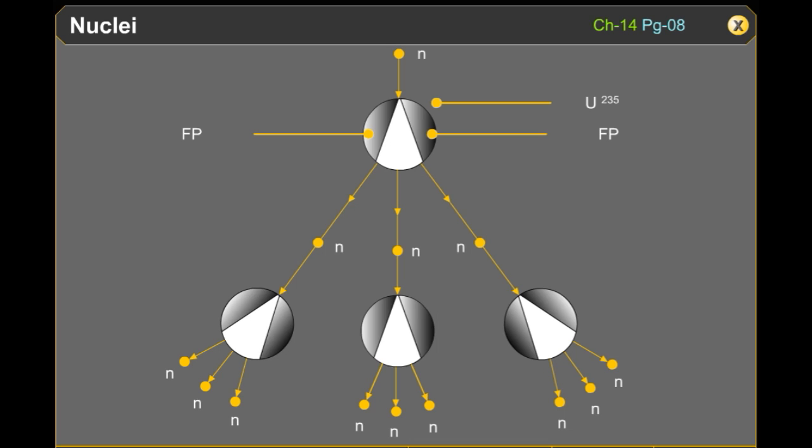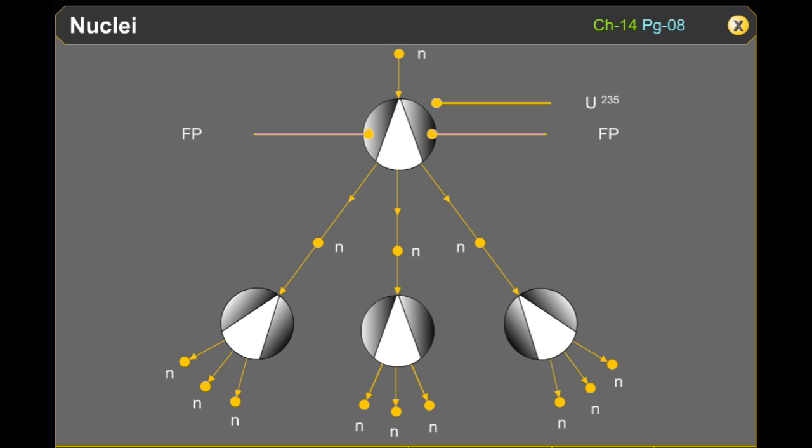Firstly, a neutron collides with a uranium-235 nucleus. The nucleus splits into Fp and 3 secondary neutrons are produced.